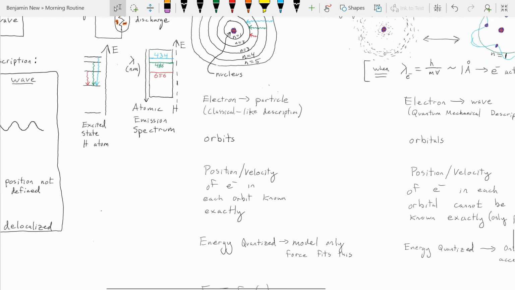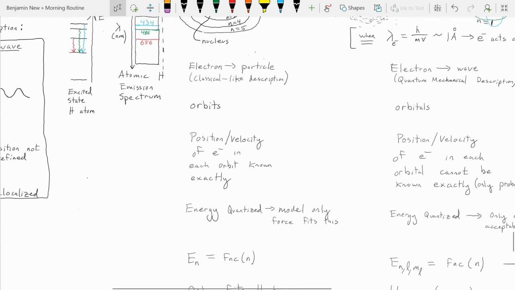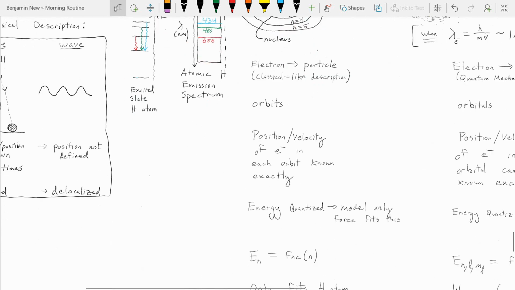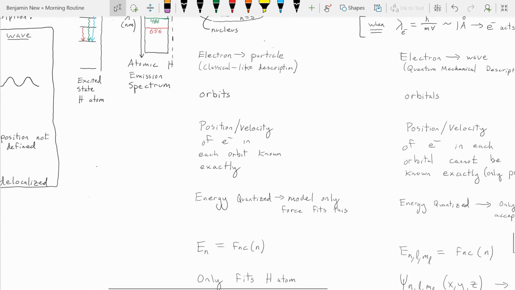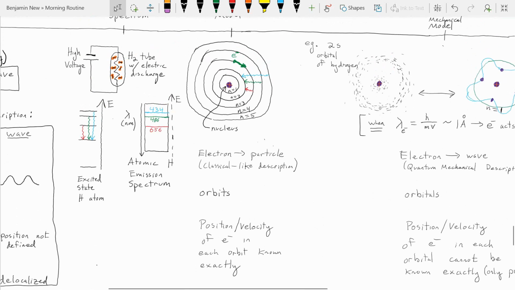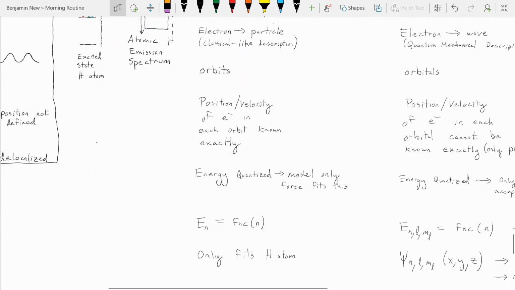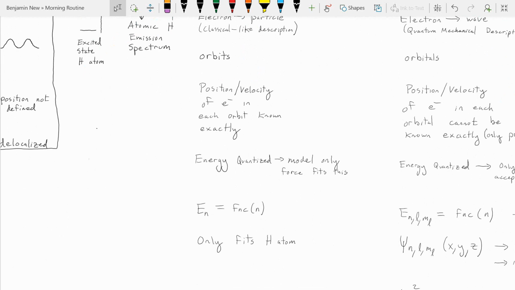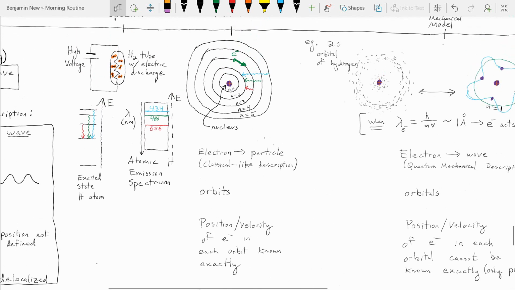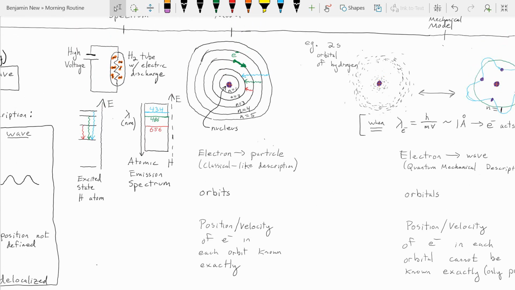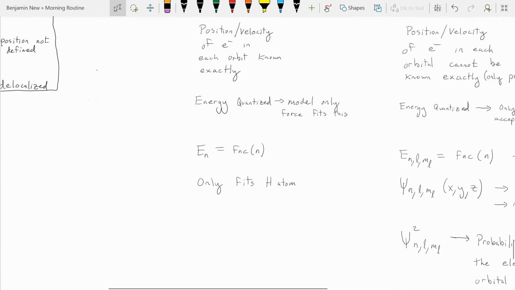The energy, however, because of his assumption that the angular momentum should be quantized, means the energy should be quantized also, which is just to say that the energy diagram for this model matches up with the atomic emission spectrum for hydrogen. So the energy is a function of n. n is just an integer going from 1, 2, 3, 4 all the way up to infinity, and the energy changes according to the n value.